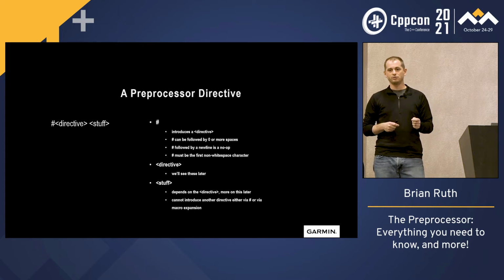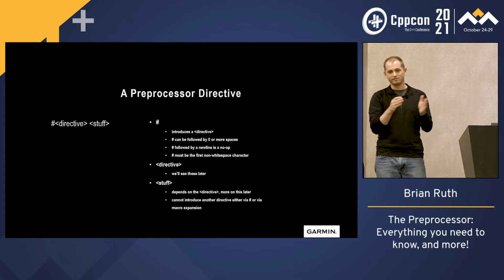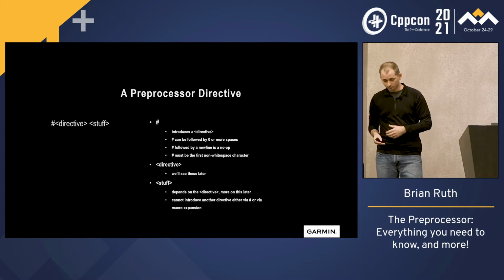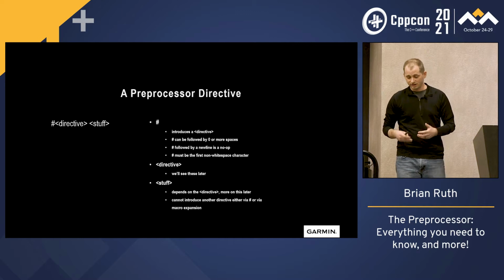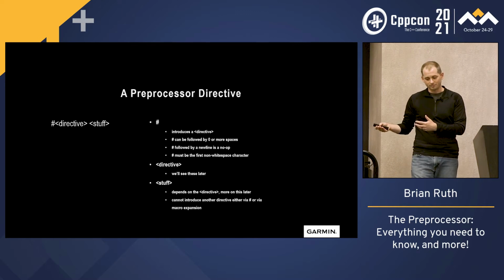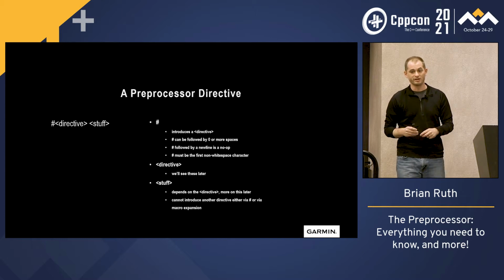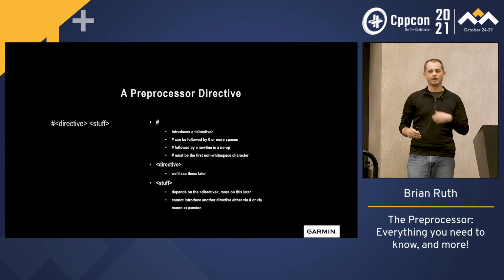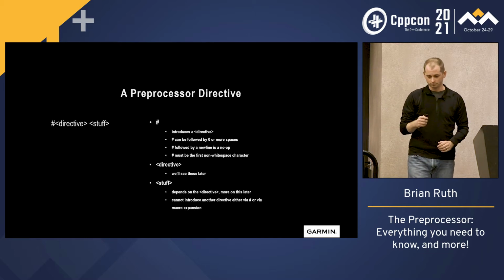But if you want to use a macro or the preprocessor directive, the # has to be the first non-whitespace character. We'll get into directives later, and it's going to depend on what directive you're doing. But one thing that you cannot do in the body portion is introduce a new directive. So you can't have another # and then something else as part of a macro.